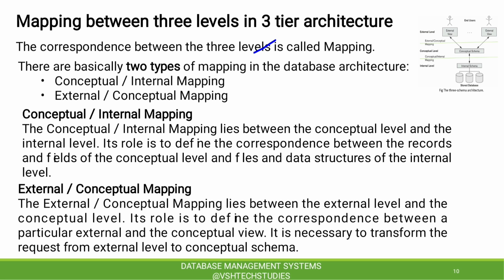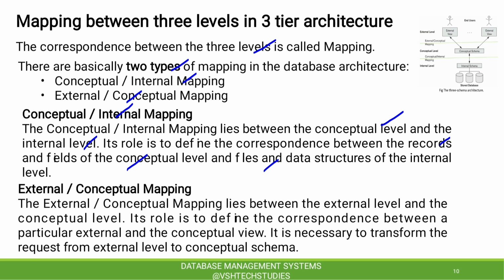There are basically 2 types of mapping in the database architecture: conceptual to internal mapping, and second, external to conceptual mapping. Conceptual to internal mapping lies between the conceptual level and internal level. Its role is to define the correspondence between the records and fields of the conceptual level, and the files and data structures of the internal level.